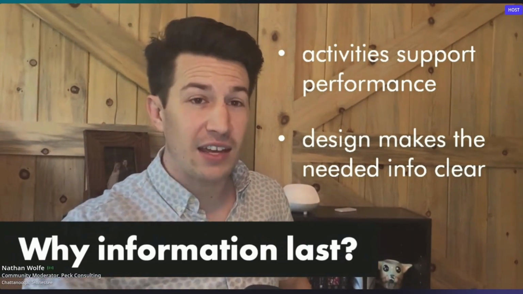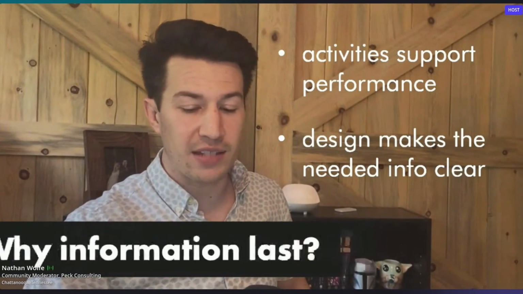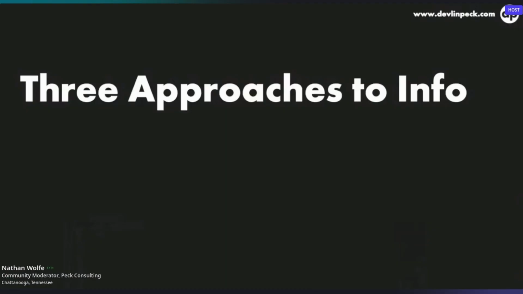But even then, I think there are some kind of neat things we might consider as we're looking at this information part. So we've talked about feedback. Now we're moving on to information. And what does that ultimately look like when we implement that into these training activities, these sequence activities? Well, there are three approaches we might take that Cathy suggests.